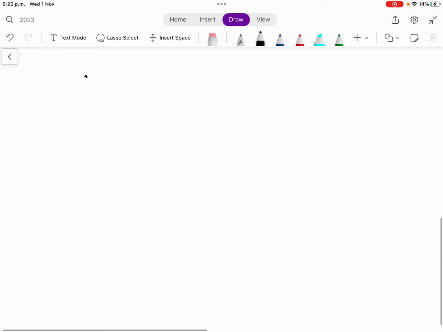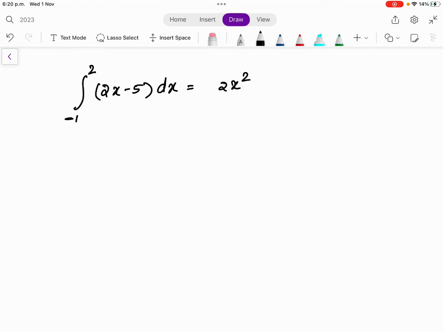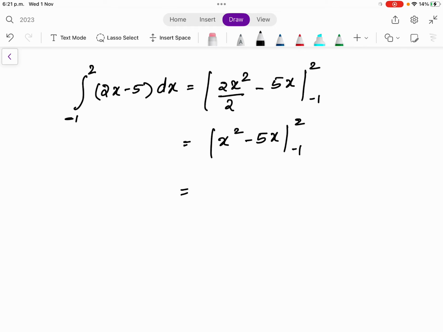This holds good for any function. For example, if you have the integral from minus 1 to 2 of 2x minus 5 dx, you first integrate it, which will be 2x square by 2 minus 5x, and then you apply the limits of minus 1 and 2. I can simplify this first: x square minus 5x within the limits minus 1 and 2. That will be 2 square minus 5 times 2, minus 1 square minus 5 times minus 1.